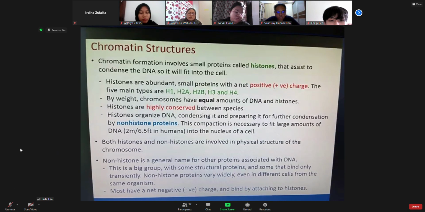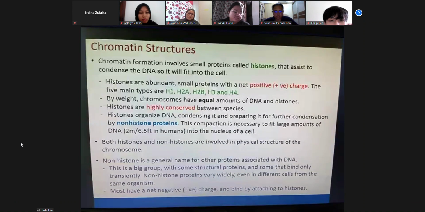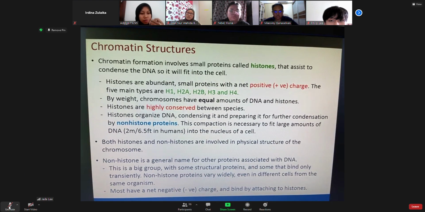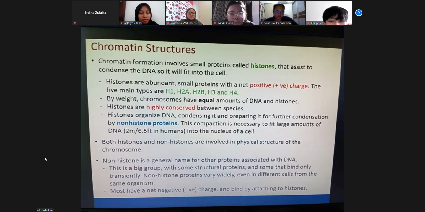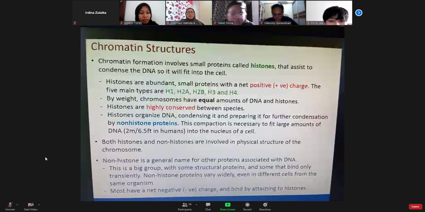So, histone are abundant, dia memang banyak. Okay, and small protein with a net positive charge. DNA kita positif ke negative charge? Negative. Cuba type, saya nak tengok siapa kata positif negatif.